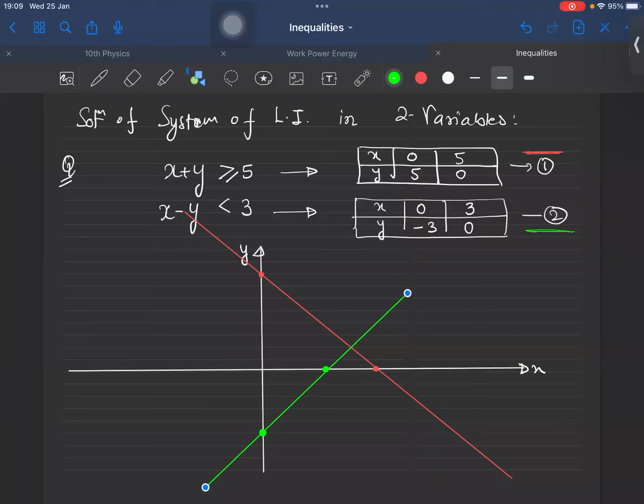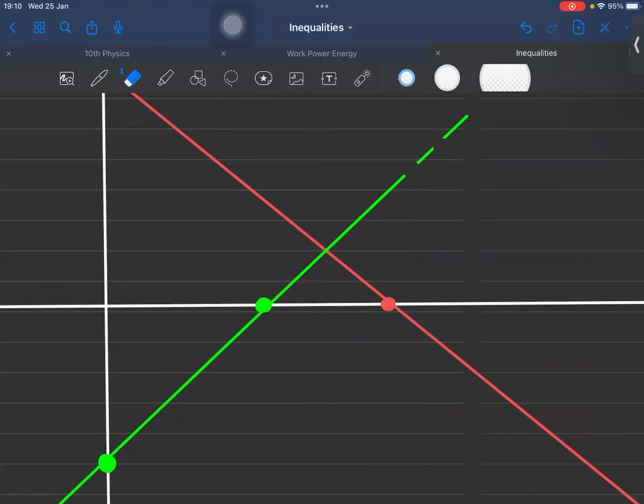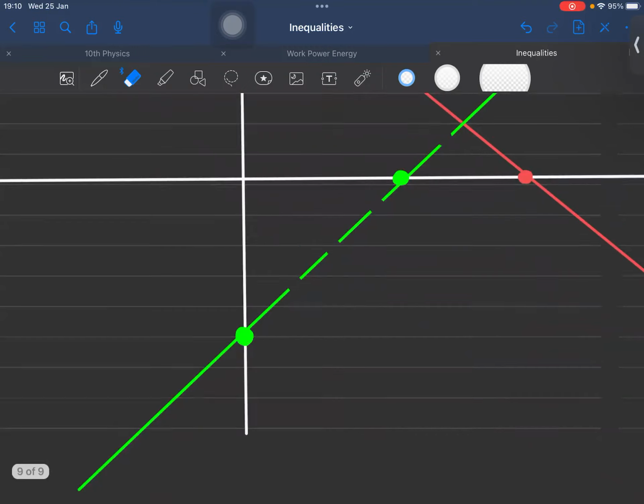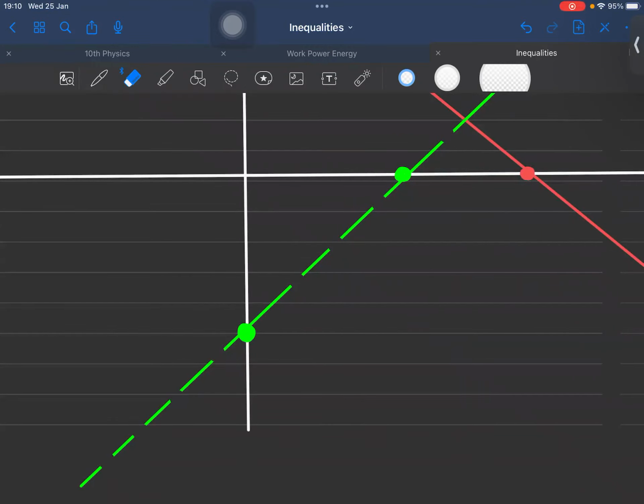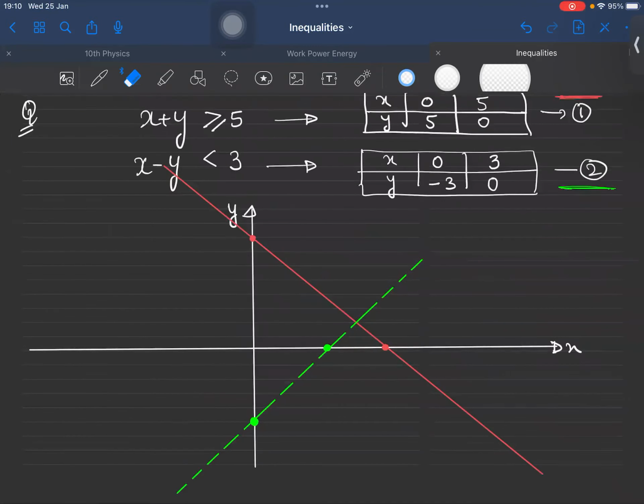I'll extend this line, somewhat like this. Now the equality sign is not there. So what will we do? We'll draw a dotted line, which represents that it is not equal to.